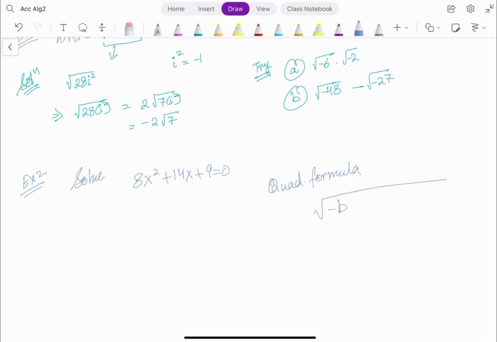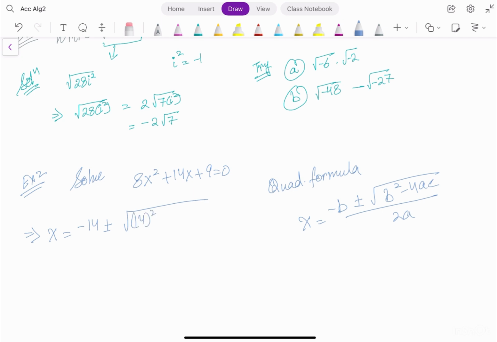The quadratic formula is negative b plus or minus radical of b squared minus 4ac, divided by 2a. That will give you the x value. So we know what a, b and c are in the given equation. Let's plug everything back.